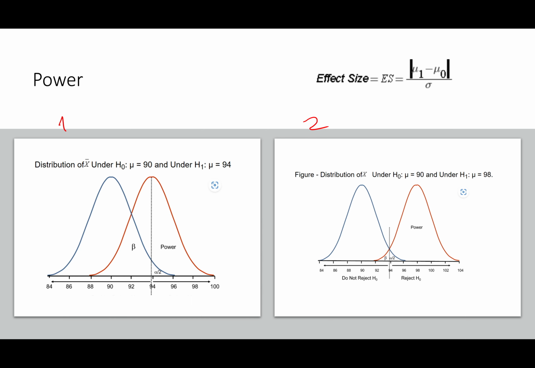And we have here two distributions, one with the mean of 94 and one with the mean of 90.